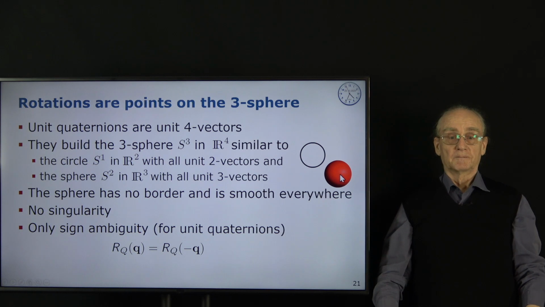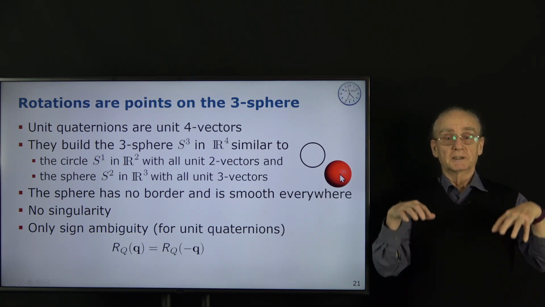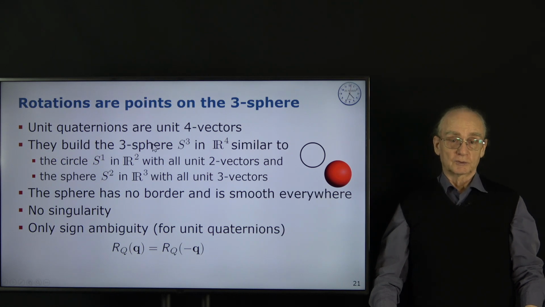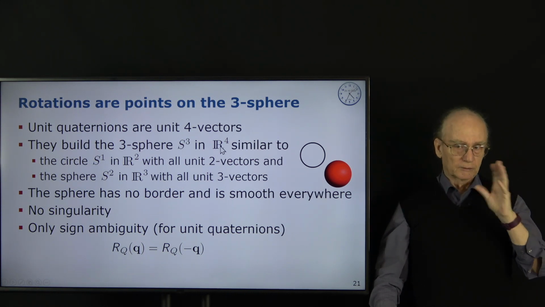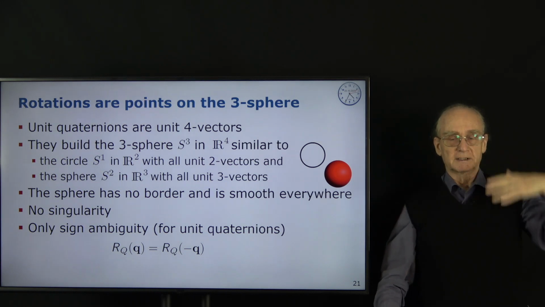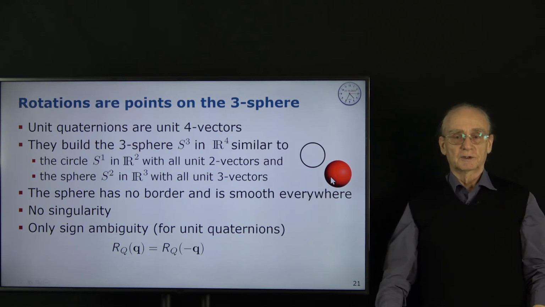And now we just go one dimension higher. That means we have a 3-sphere, S3, in 4 dimensions. We cannot imagine how this looks, but this is the idea that we have a generalization of the circle and the 2D sphere to a 3-sphere.